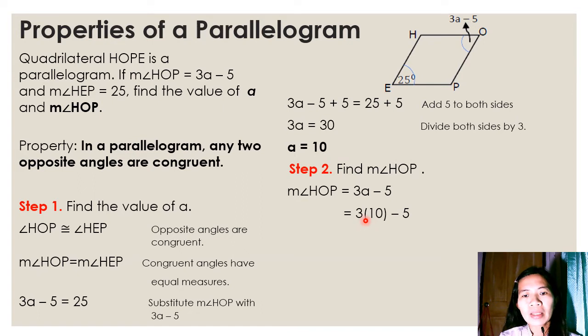So 3 times 10 minus 5. Simplify: 3 times 10 is 30, minus 5 is equal to 25. So the value of A is 10 and the measure of angle HOP is equal to 25.